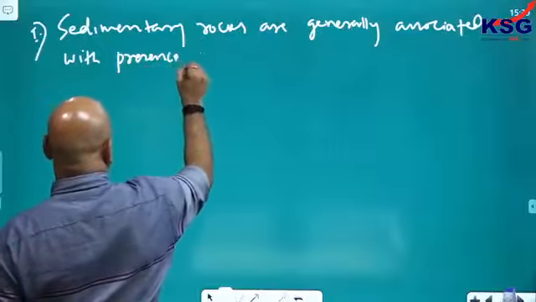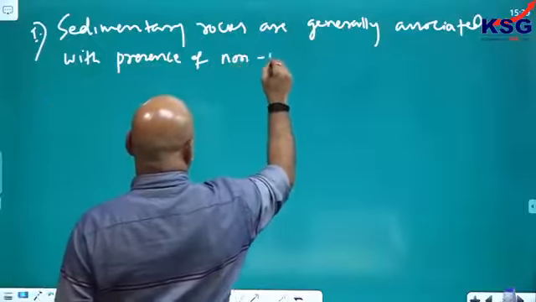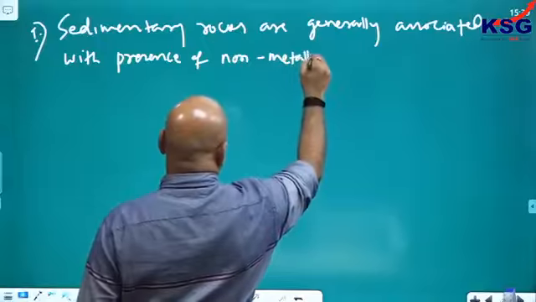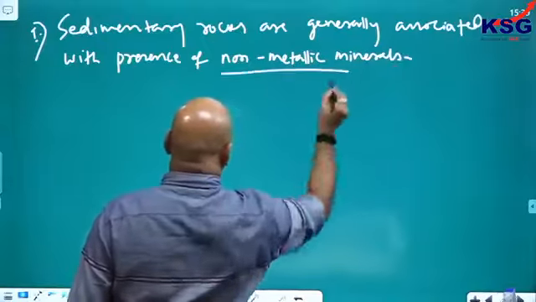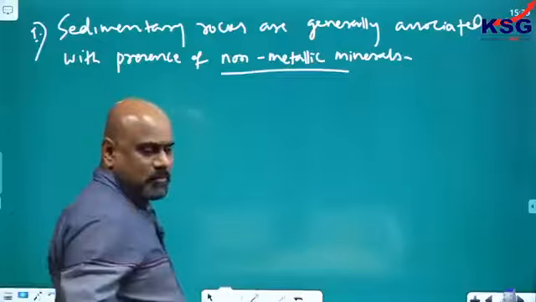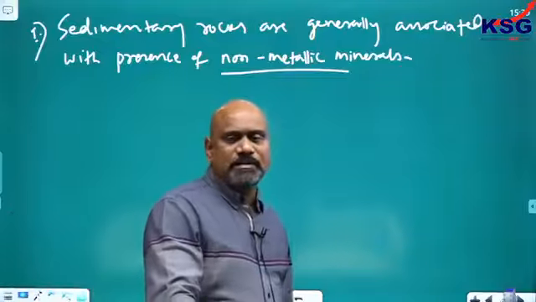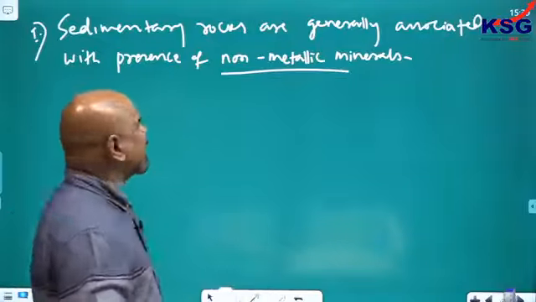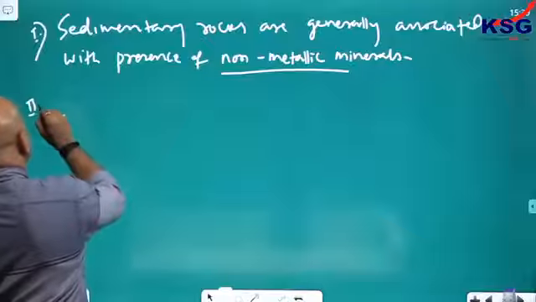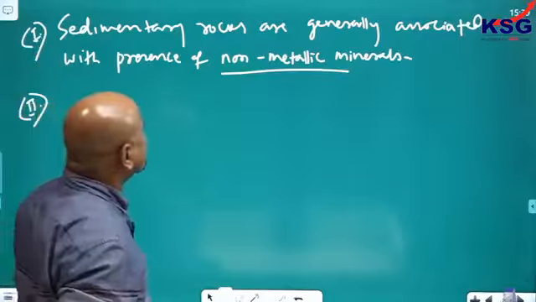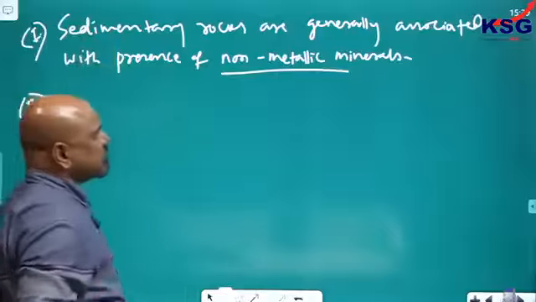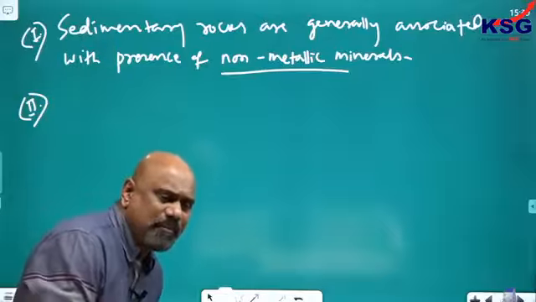The presence of non-metallic minerals. Metals you will not get with these sedimentary rocks mostly. Non-metallic minerals you will get. Sedimentary rocks are associated with the presence of non-metallic minerals.